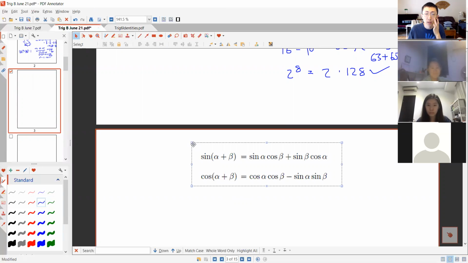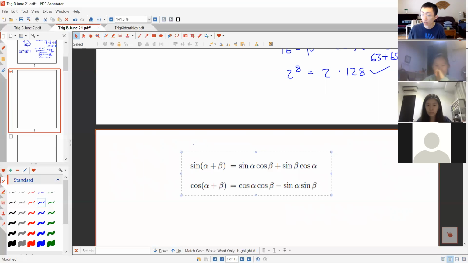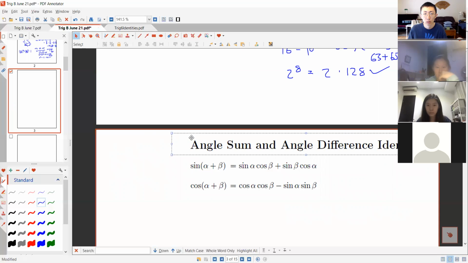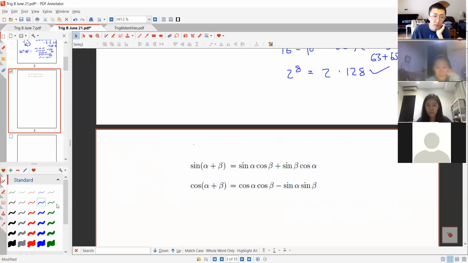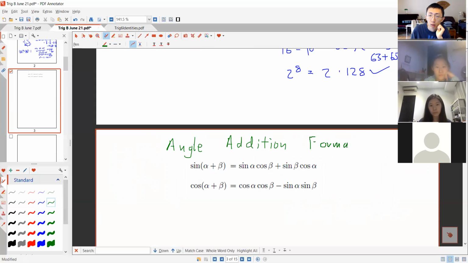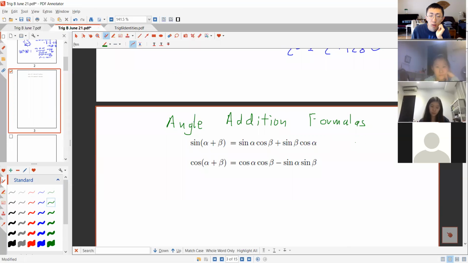We have angle addition formulas. So I'll just say angle addition formulas. So how do you think we might get a tangent addition formula? How can we rewrite tangent of alpha plus beta?